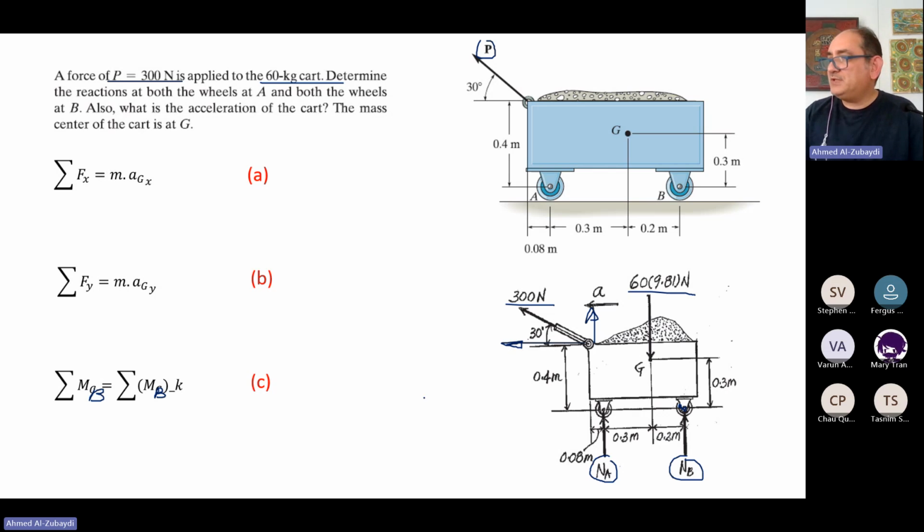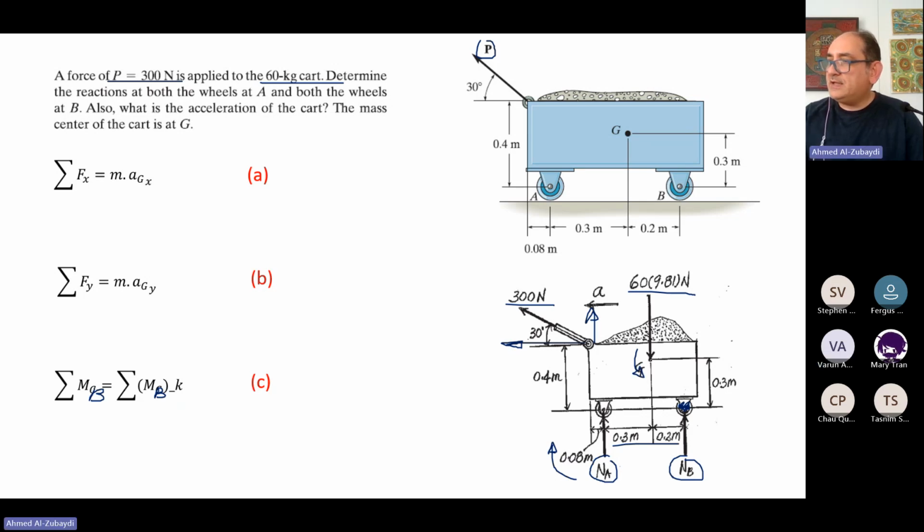Yep. Well, whatever, because what we need to do, if I would like to take the moment around this point, is going to be the NA multiplied by 0.5, right? The weight multiplied by 0.2. Now this one is going to be clockwise. This will be a counterclockwise, right? Yes.